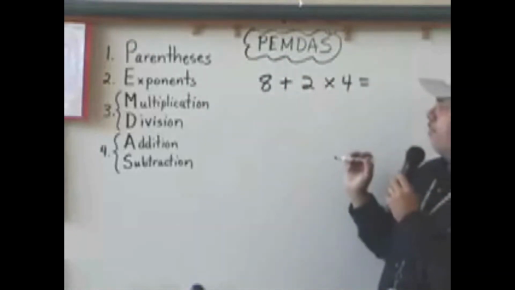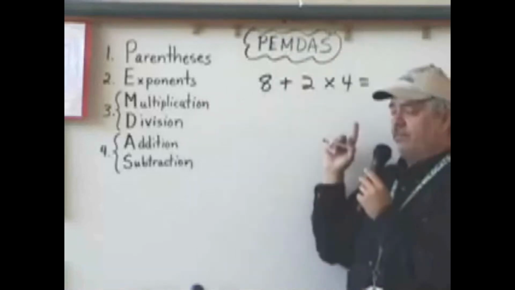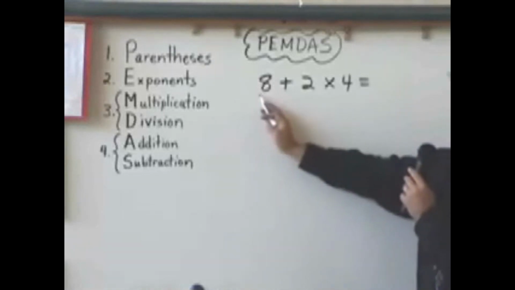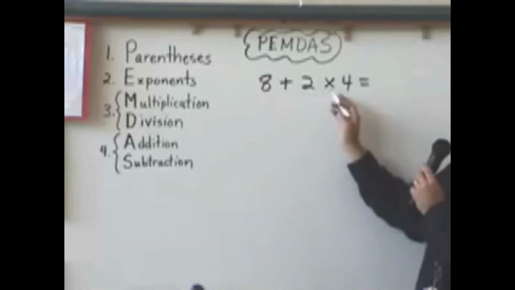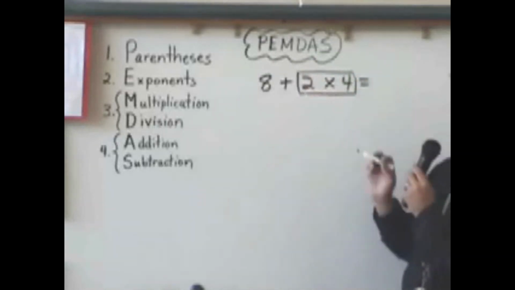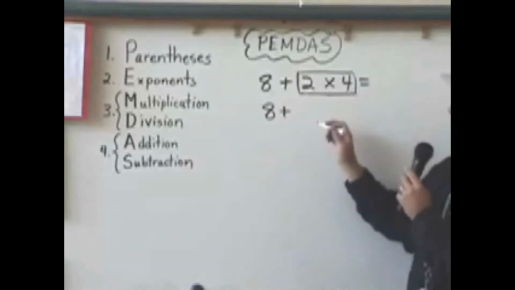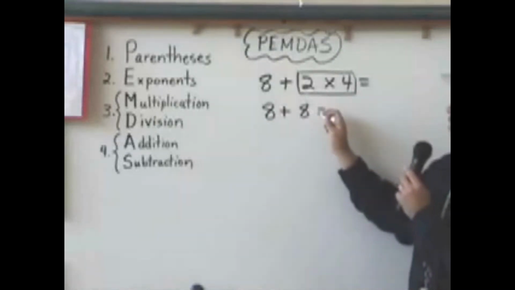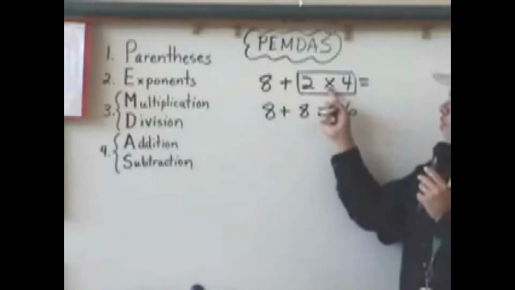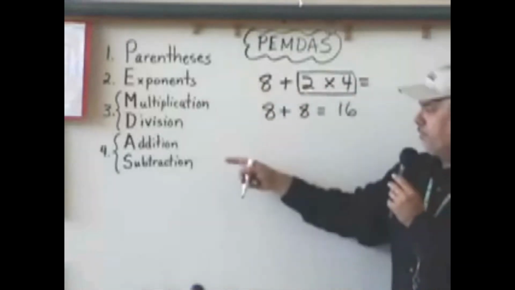No exponents in this problem. Then it says the next thing we do is multiplication and division from left to right. So I have to first do the multiplication and division. So I'm going to go until I see a times sign or divided by sign. Oh, there's a times sign right there. So I have to do this part first. So now I will get this. 8 plus 2 times 4 equals 8. So the answer to this problem is 16, because I had to do multiplication and division before I did the addition. I have to follow the rules.